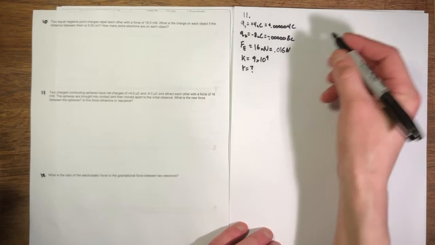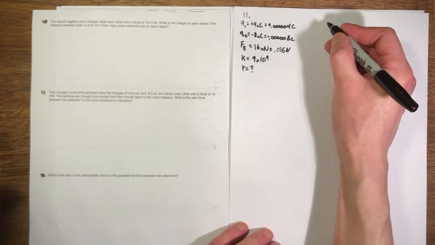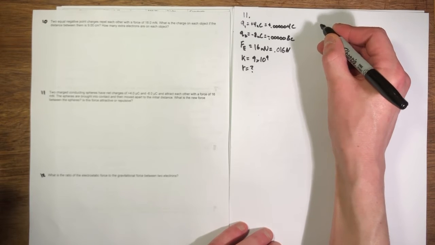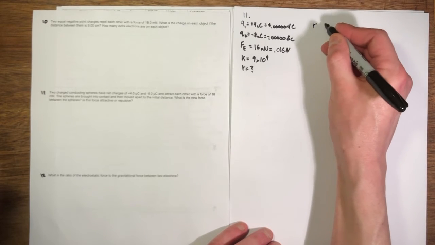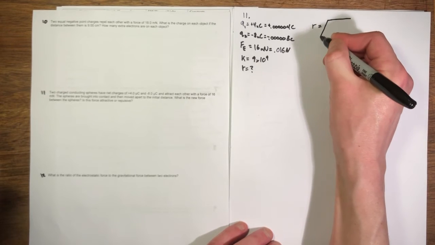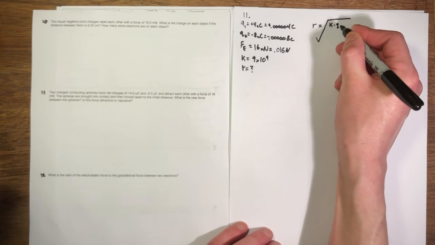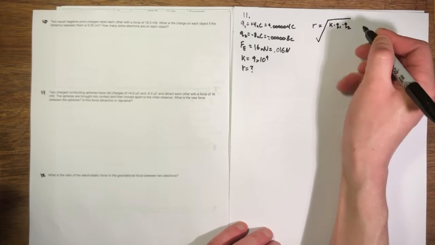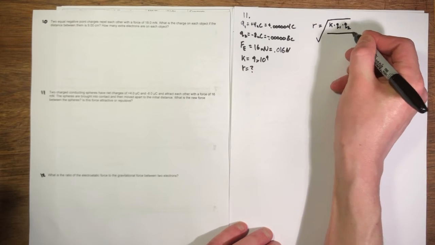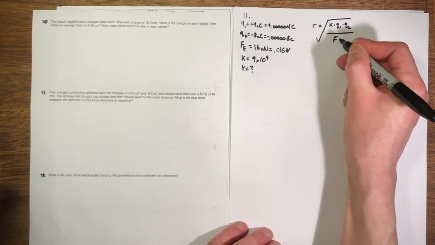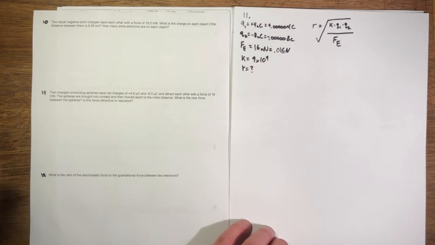Right, let's pull up my calculator, make sure I have everything. So, let's see here. For the equation for the distance between the two objects, we're just going to do that to find the radius.